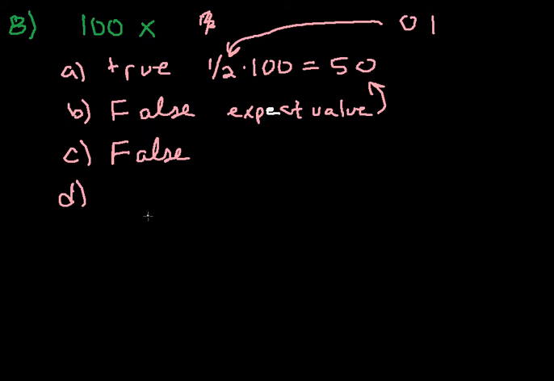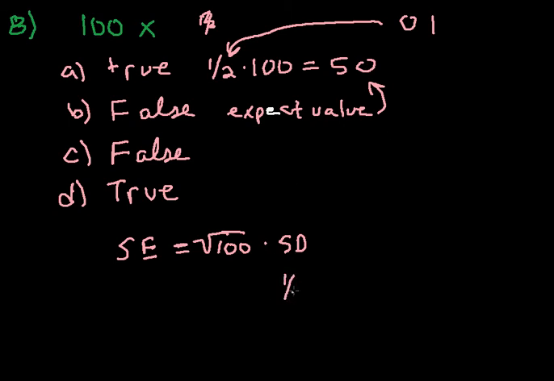D. The number of heads will be around 50, give or take 5 or so. This one I'd say is true. The give or take 5 or so, that's probably your standard error. Our standard error is equal to the square root of the tosses, the square root of 100, times our standard deviation, which on a coin is 1/2, since there's only 0 or 1.